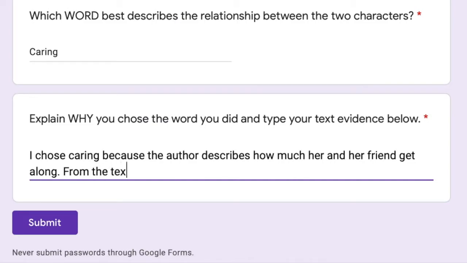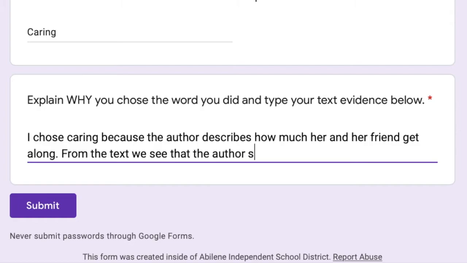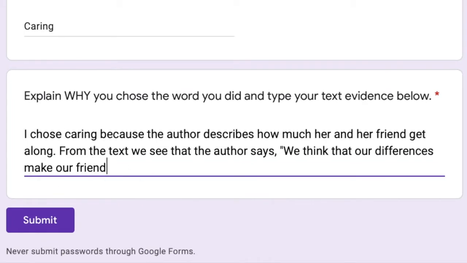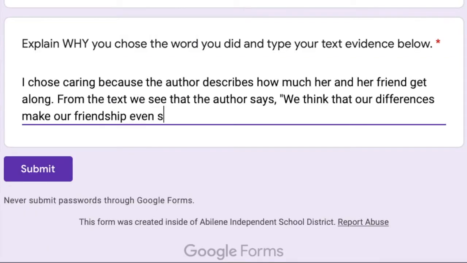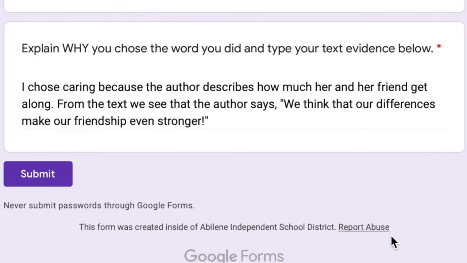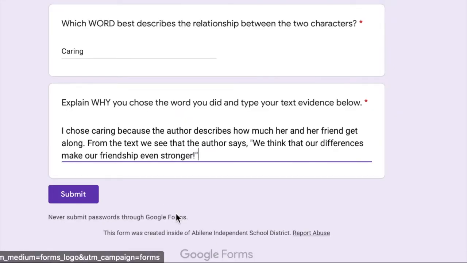From the text, we see that the author says, "We think that our differences make our friendship even stronger." So that is why I believe that caring is a word that really describes their friendship. Then you click submit.